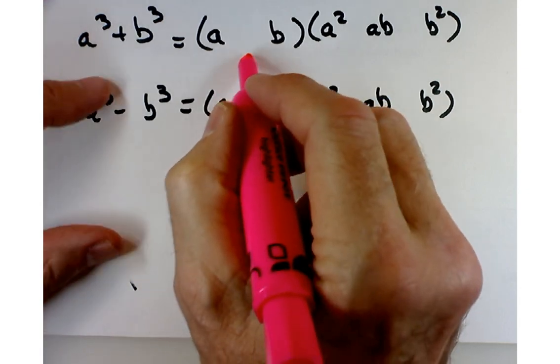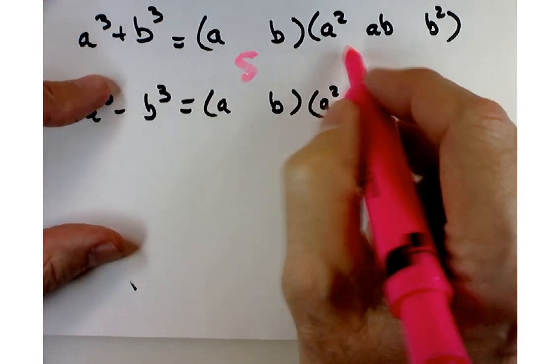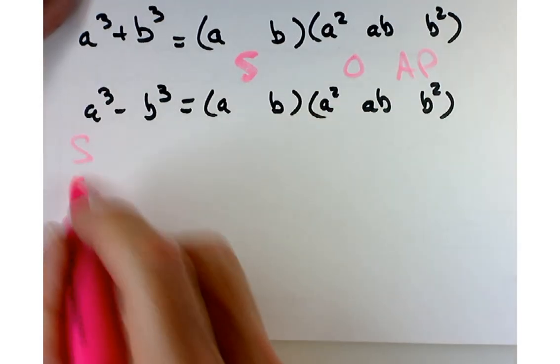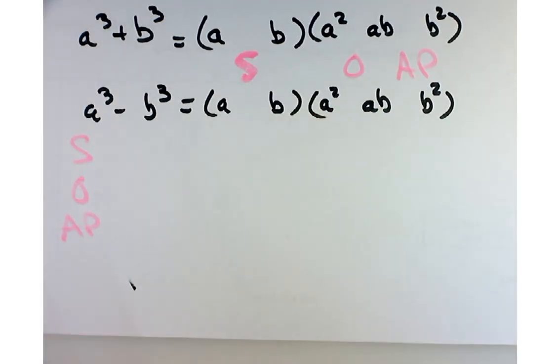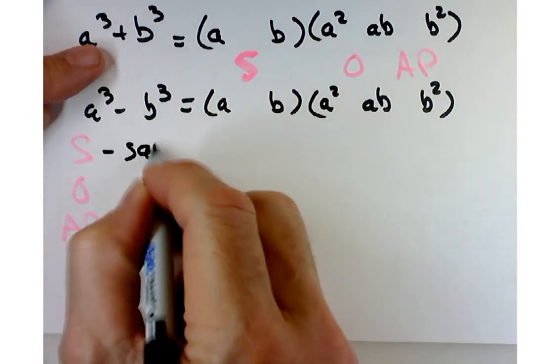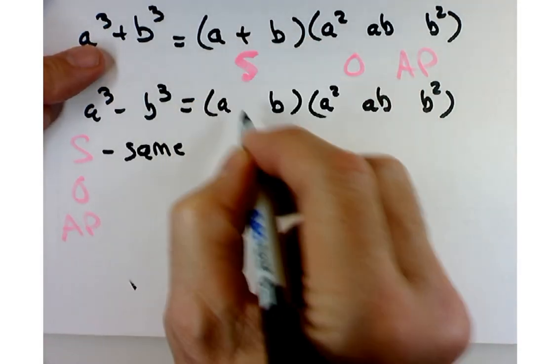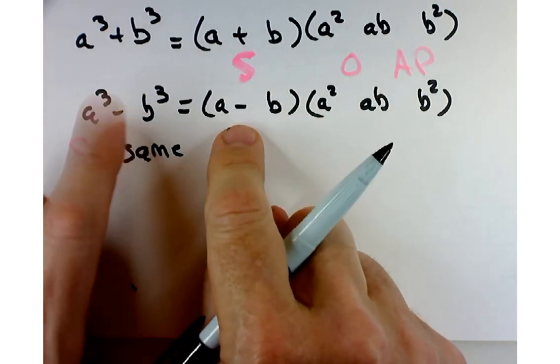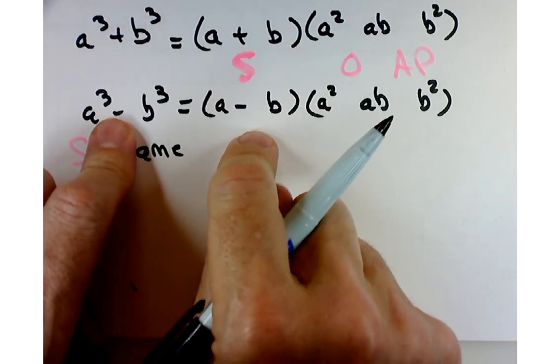And to figure out the signs, we've got this little pattern. SOAP. These first 2 signs are always the same. So that's a plus and that's a minus. When I'm talking same, I'm referring back to the sign of whatever it is you're trying to factor.